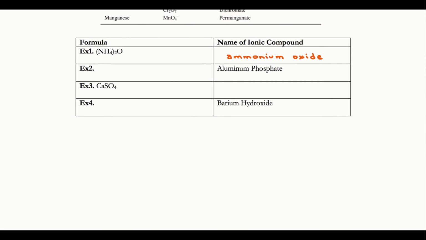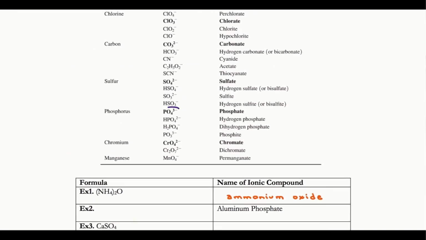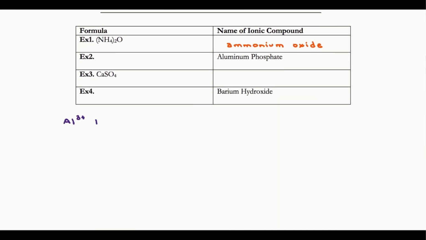Aluminum phosphate. So aluminum has a 3+ charge. Now I need to go up and look for phosphate. Okay, so I see phosphate right here. The formula for it is PO4, and its charge is 3-. So when I go to cross charges, I have Al3, PO4.